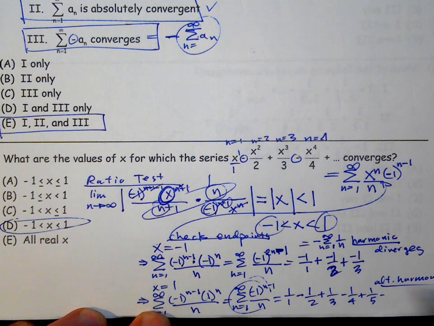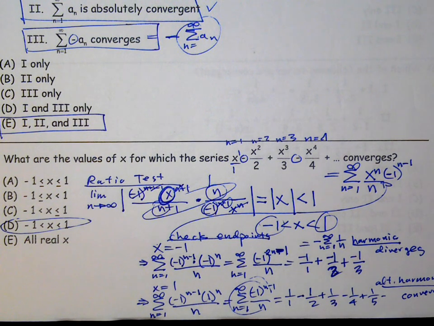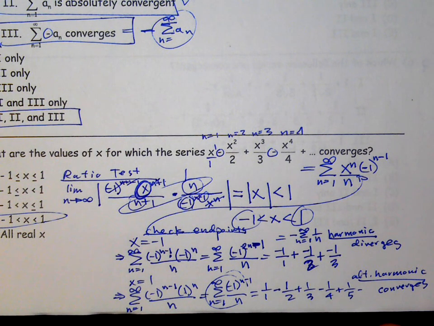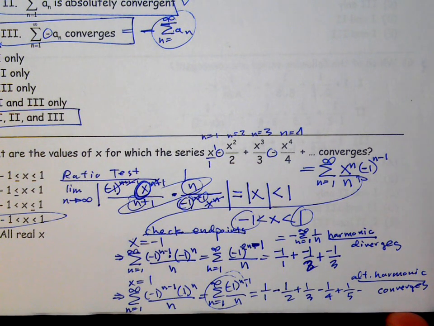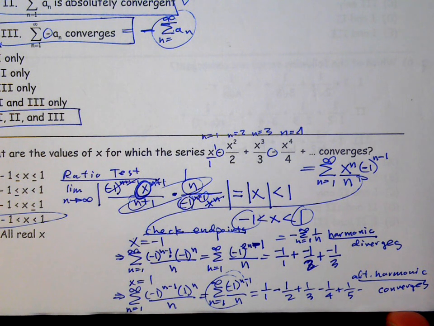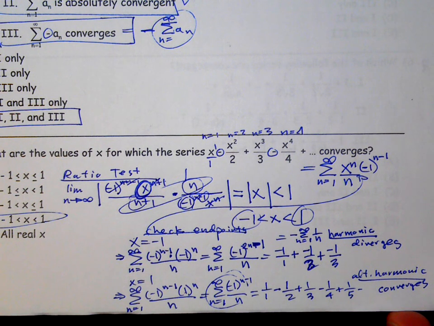We know that the alternating harmonic series converges. You could use the alternating series test, or you could use some other tests. You can't use the integral test unless you force them all to be positive, and then that will tell you it diverges in its absolute form, so that's not going to help you.